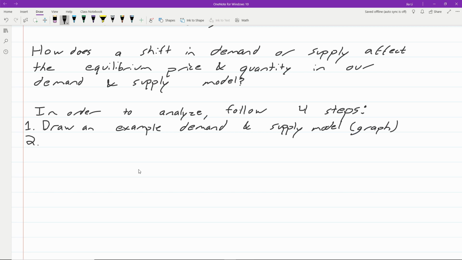After that, we have to consider which curve is shifting. That is the demand curve or supply curve.